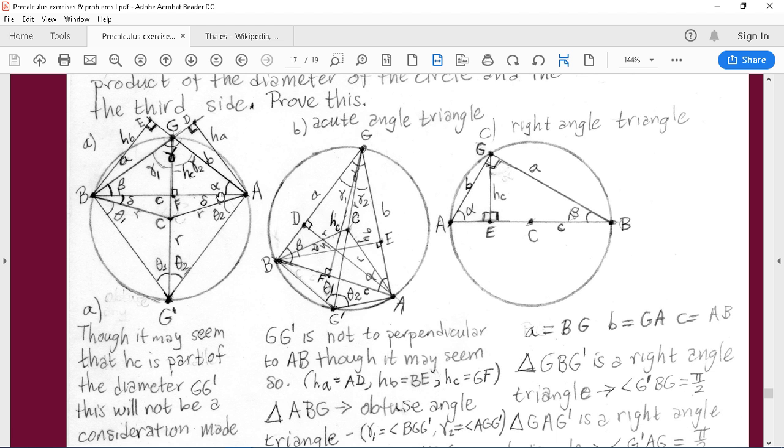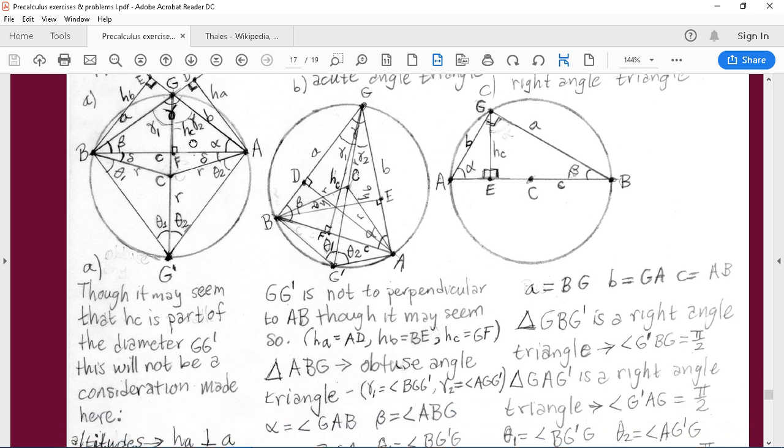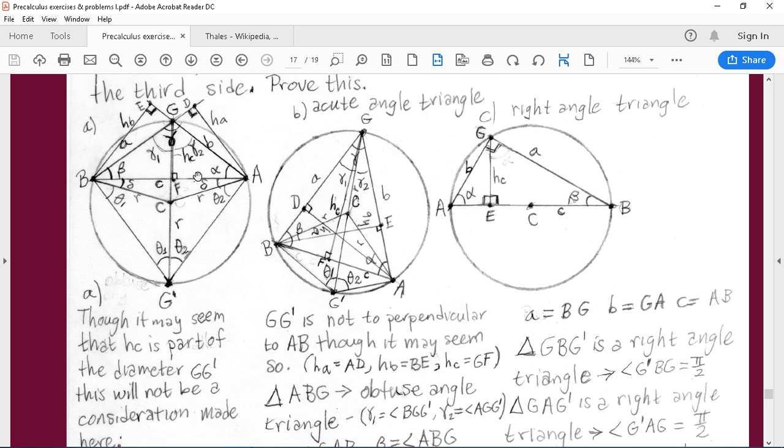So here we have that sine of alpha equals hb over c, which is the same relation we had for the acute angle triangle case. So we're going to simply write down the relations, but that we will do in our next video.